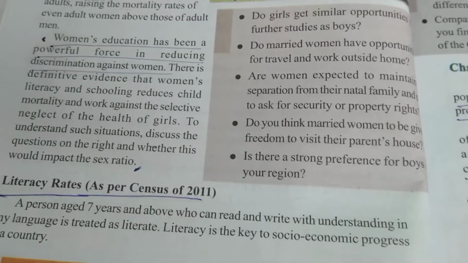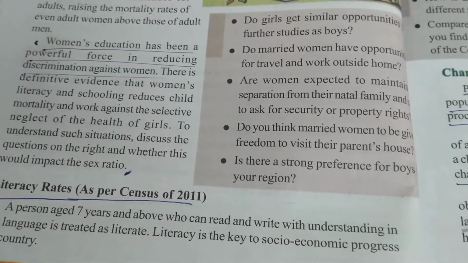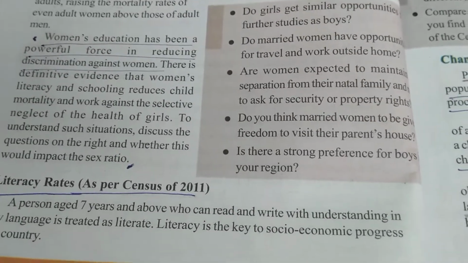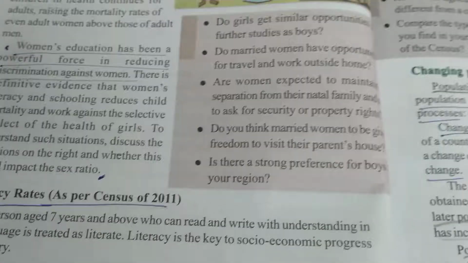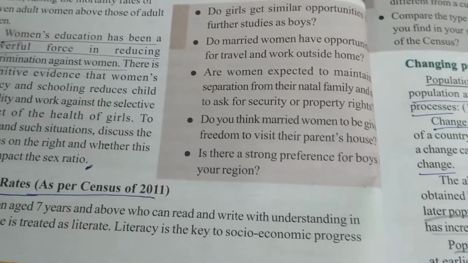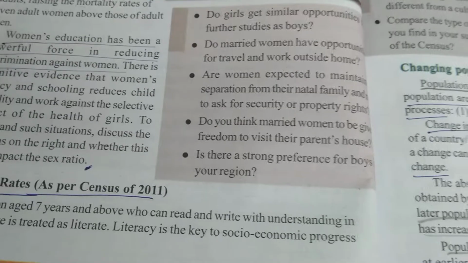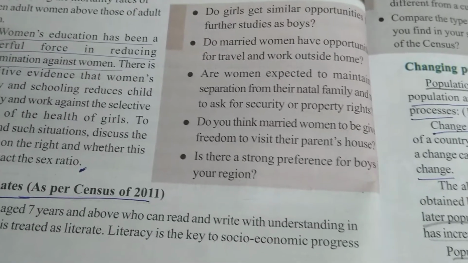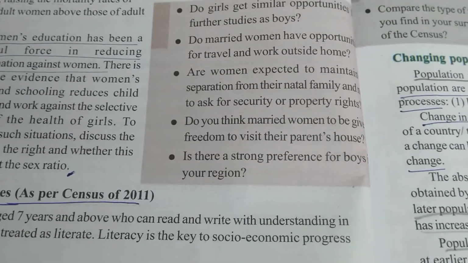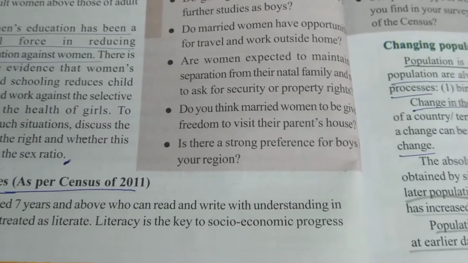So at this time, those who know about computers, who can operate a computer, who can work on the internet, are called literate persons. If not, all are illiterate only.